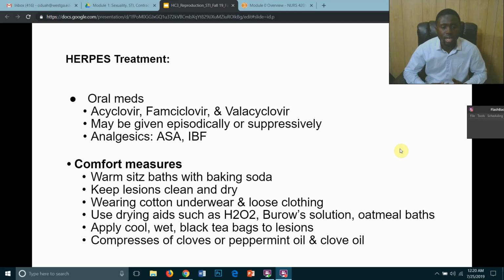You can also encourage genital hygiene and teach the client to keep the skin clean and dry. So by keeping the skin nice and dry, it will prevent the spread of the lesions. Then you also have to teach the client to wash hands thoroughly after contact with lesions, and you as the nurse will also have to wash your hands after any form of contact with the lesions.